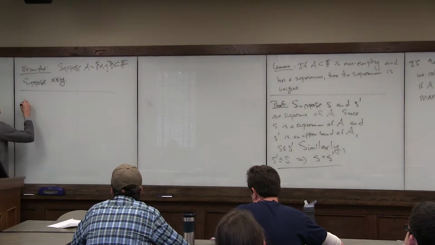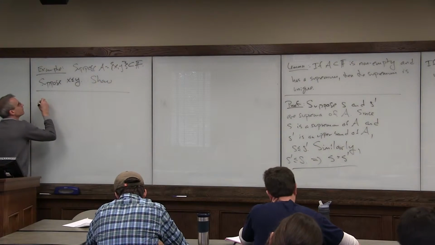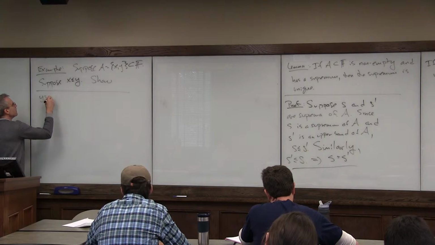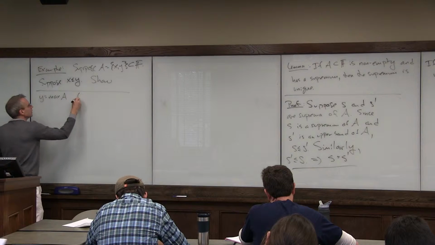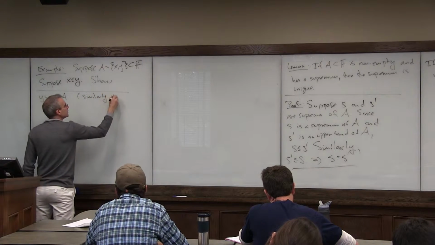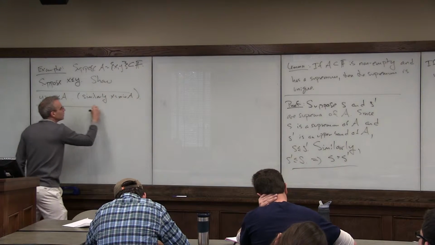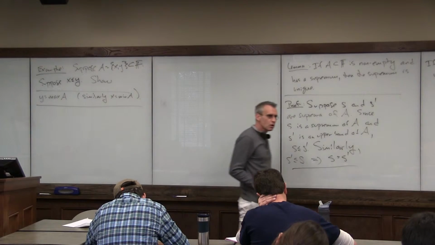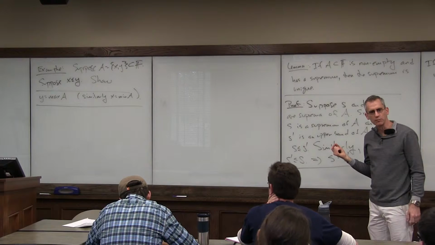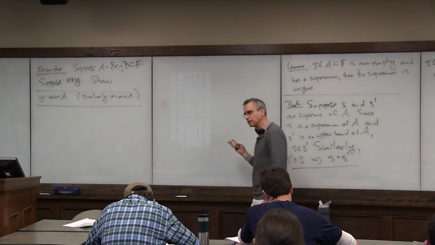It's fairly simple. So we're going to show that y equals max of A, and then similarly, x equals min of A. To show that y is the maximum of A, we basically have to do three things.